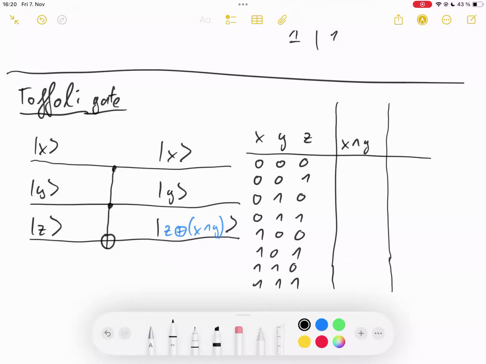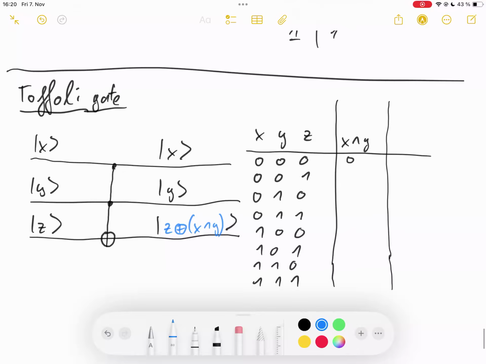What is X AND Y? When X and Y are both 0, and only when both are 1, the result will be 1. Otherwise, it's all 0. Are you okay with me up to here? Maybe thumbs up or thumbs down.